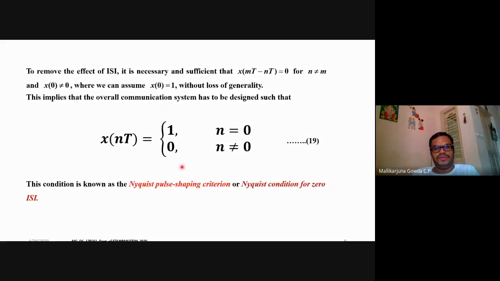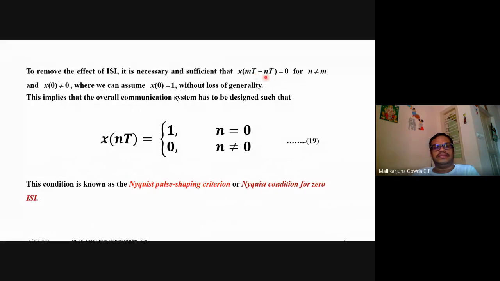I don't know how many of you are listening and understanding this. Is it understood from your side? I said that to remove the effect of intersymbol interference, it is necessary and sufficient that x(mT - nT) should be equal to 0 for n not equal to m.